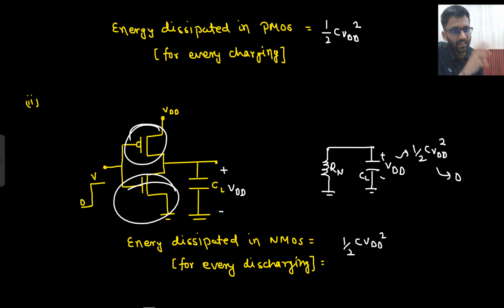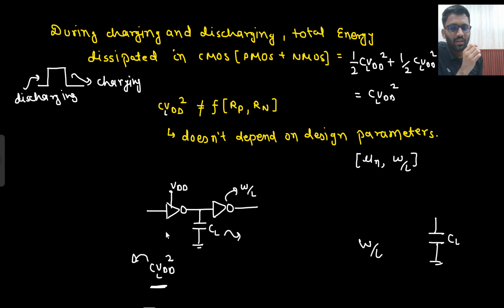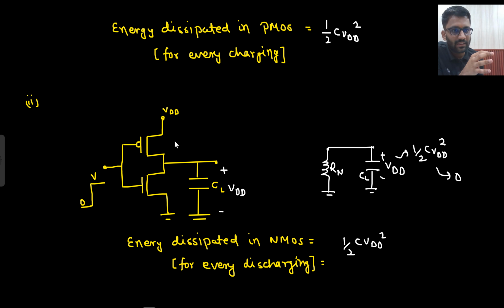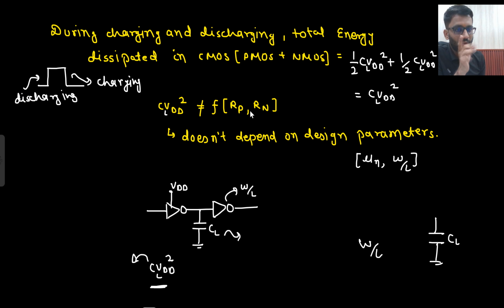So yes, the CL is depending on these caps as well, and your dynamic power somewhere depends on your design parameters. Are you getting this point, what I am saying? If I change the W by L of this, then this CGD will change, and then this CL will also change, and if this CL changes, then your dynamic power will also change.